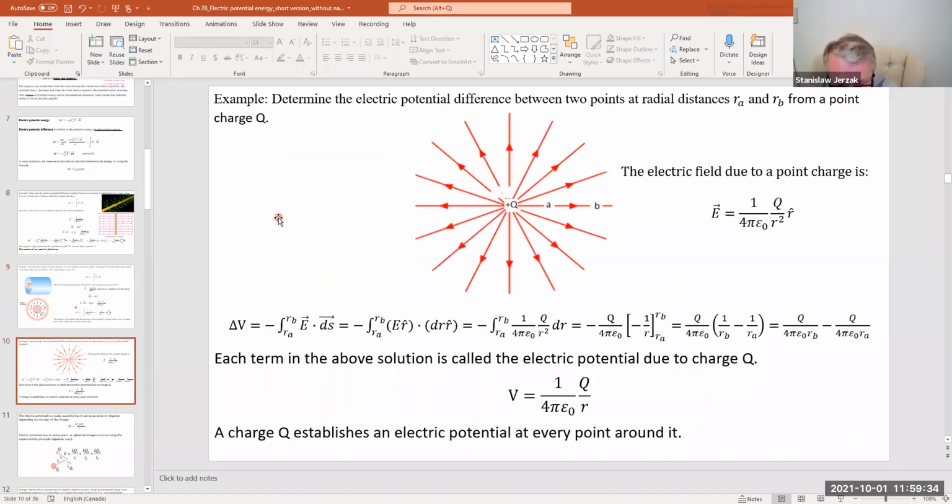When you have a point charge, let's say I don't have any really suitable little sphere here, but imagine that this is a point charge. Then the electric field goes in every direction in 3 dimensions, radially away.